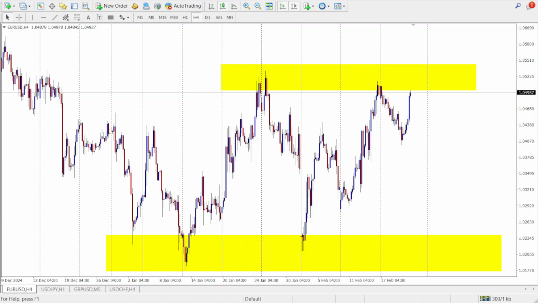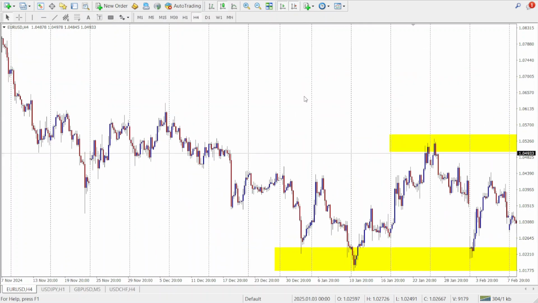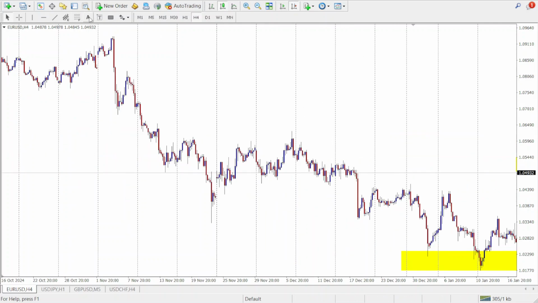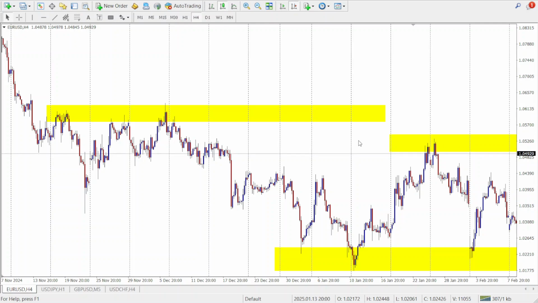The first is looking for historical price reactions. If a level has been respected multiple times in the past, right, it is likely to be significant. Okay, and then you can use round numbers.